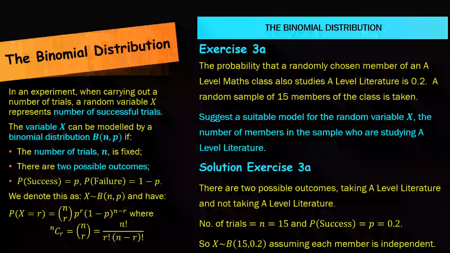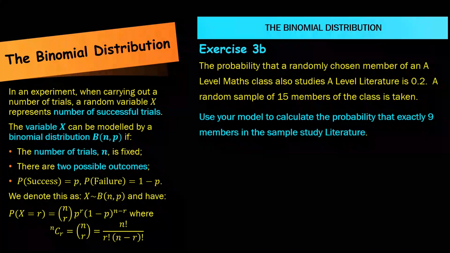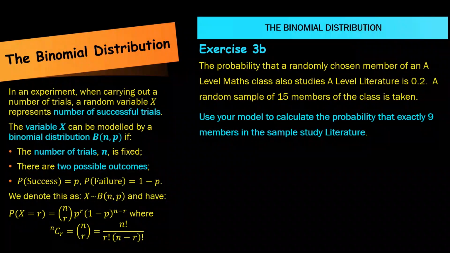And now for Part B. We are required to use our model to calculate the probability that exactly 9 members in the sample study literature. So let's solve this.